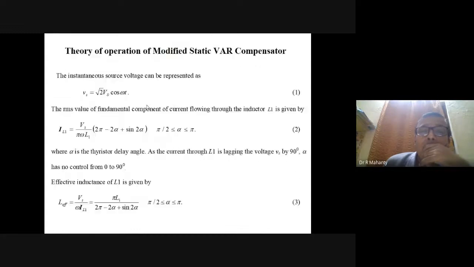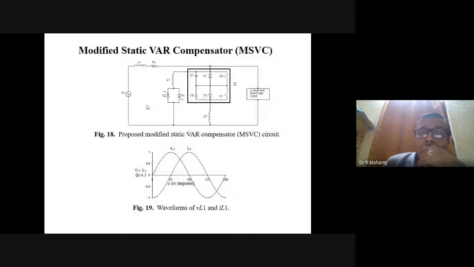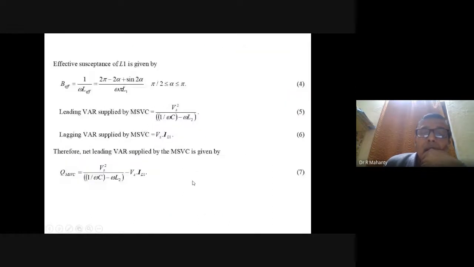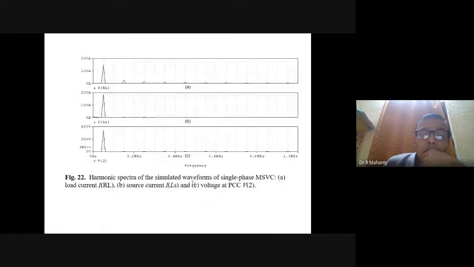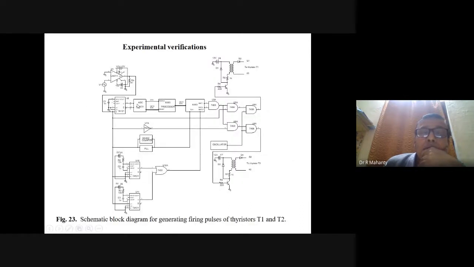Initially at this point, you are seeing the current Is sin phi, and then you are converting it into digital form. And in the processor, the processor is giving you the necessary firing angle of the thyristors to make this power factor unity.